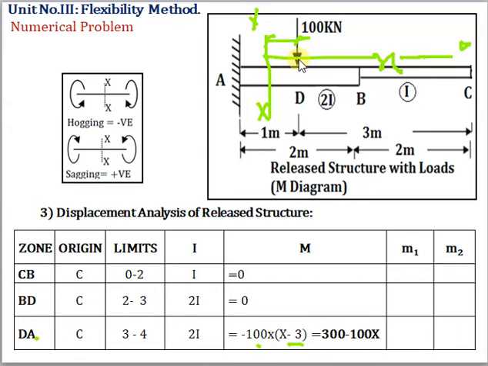Now this force rotates about x, so let's check the direction. It rotates in a clockwise sense, and clockwise means you have to take the minus sign. That's why here it is minus. So minus 100 into x minus 3 is equal to 300 minus 100 into x.